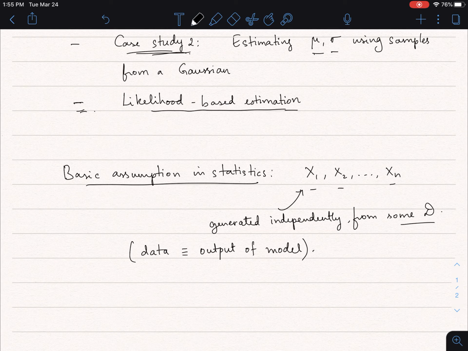Okay, so essentially data comes from a model. Okay, so this is the basic assumption in statistics, and now the questions that we would like to answer are basically, if you have data, how do you estimate parameters of the model? Okay.